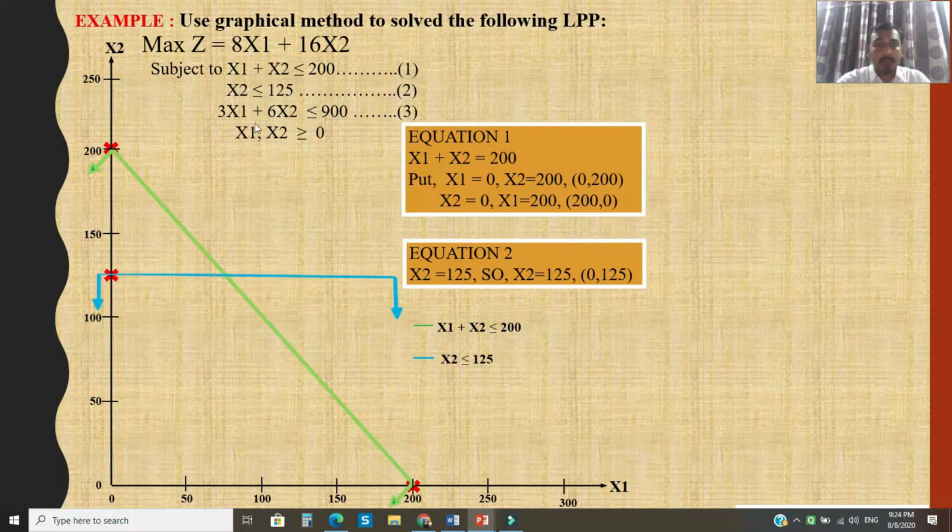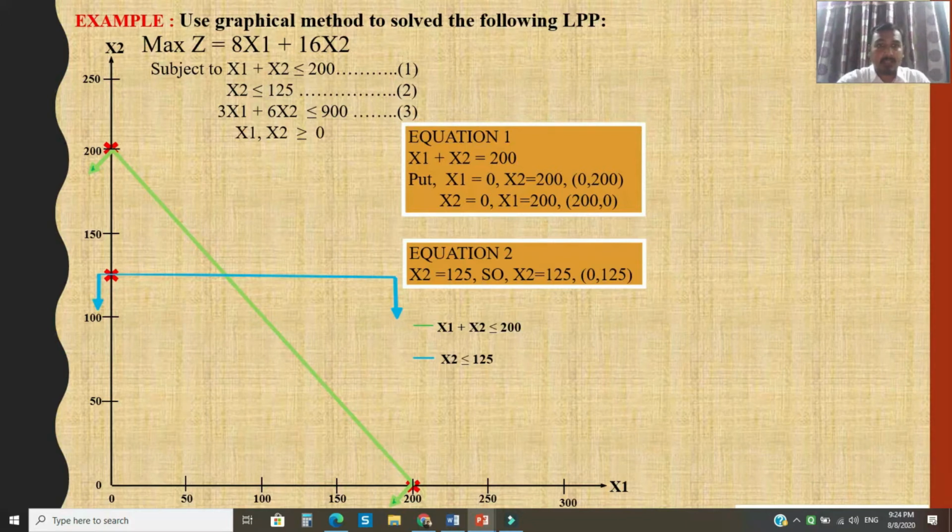Here the sign is less than or equal to, again it is represented towards the origin. From the two equations, the feasible region should be in this area. This area is neglected because the second constraint has the sign less than equal to. So this is our feasible region after the second equation.